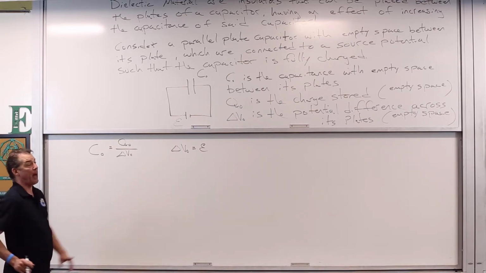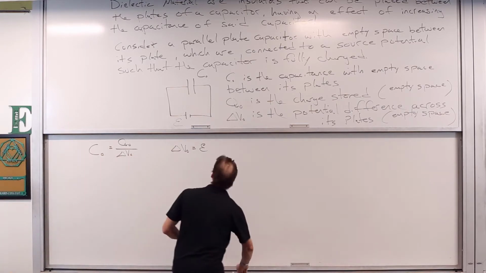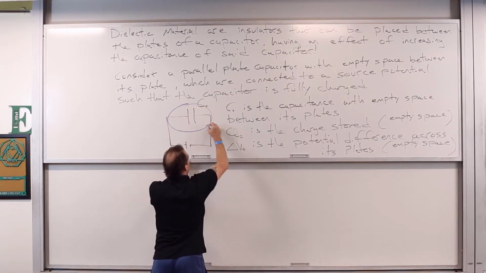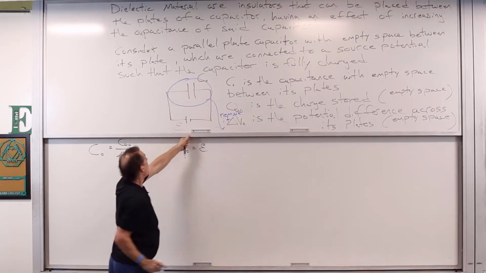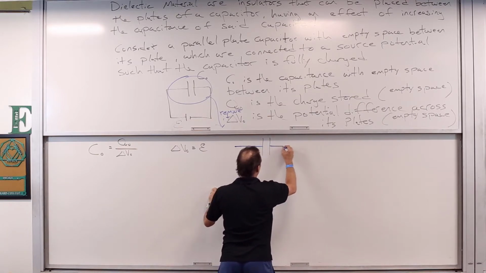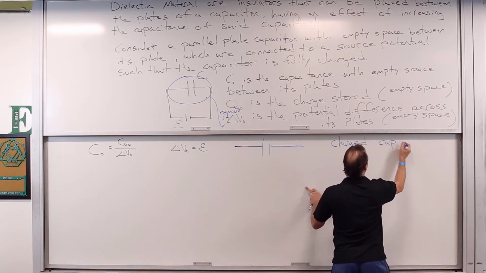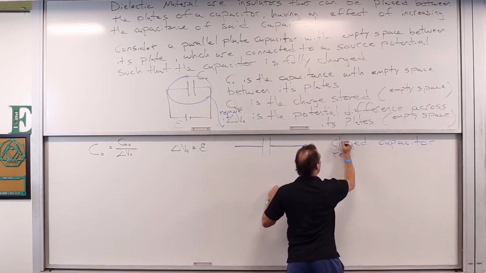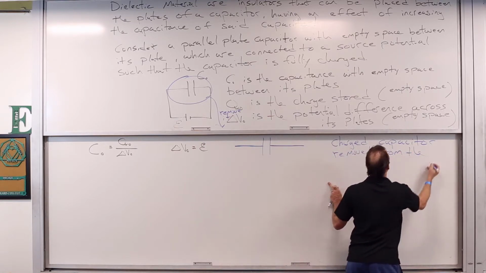So now we're going to take this capacitor that's fully charged and we're going to remove it from the system. So I'm going to take this capacitor out. And so it's no longer connected to the source potential, and now we've got this charged capacitor removed from the source potential.